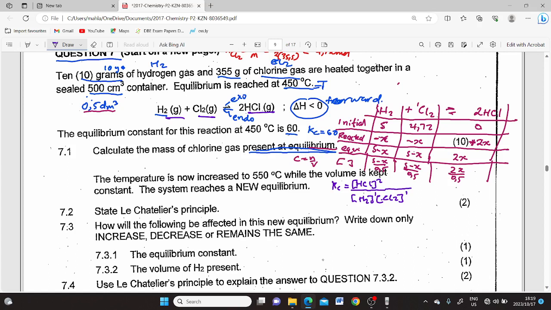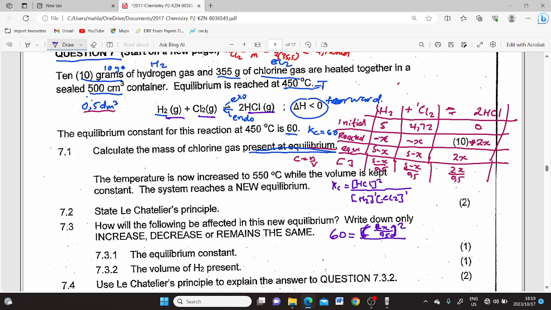Of course, now we're going to have Kc being 60 equals to, then this will be, what was the product? This will be 2x over 0.5, all squared. So we can use curly brackets because now we're substituting here.